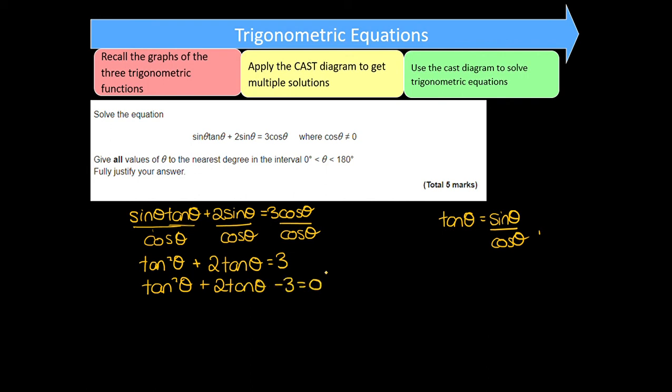Using the quadratic mode on your calculator, again, I can get the answers very quickly. I get tan theta equals 1, and tan theta equals minus 3.